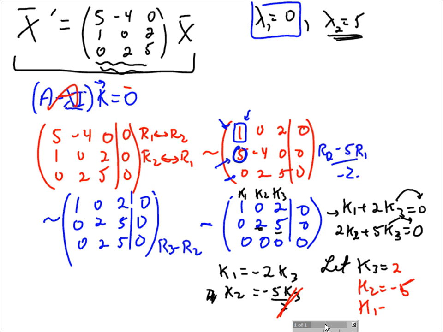And K1 is negative 2 times 2, which is negative 4. So due to lack of space, I'll write K here. Since the subscript is 1, big K1 is little k1, little k2, little k3.